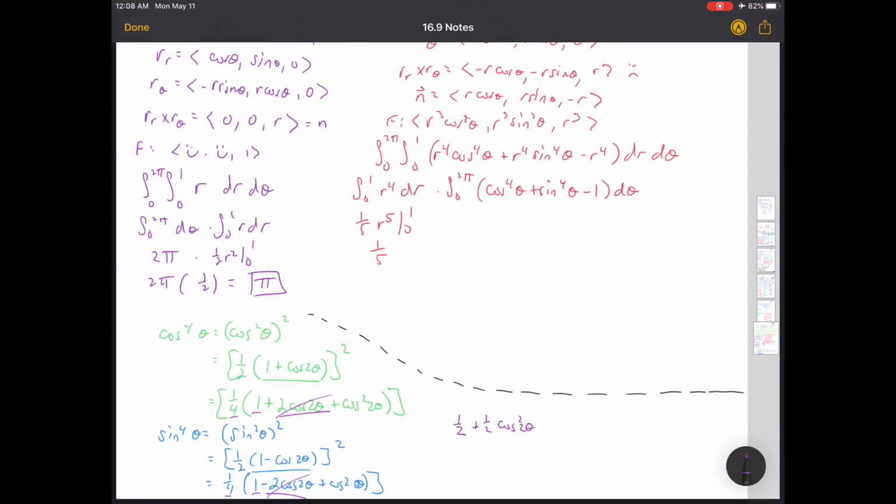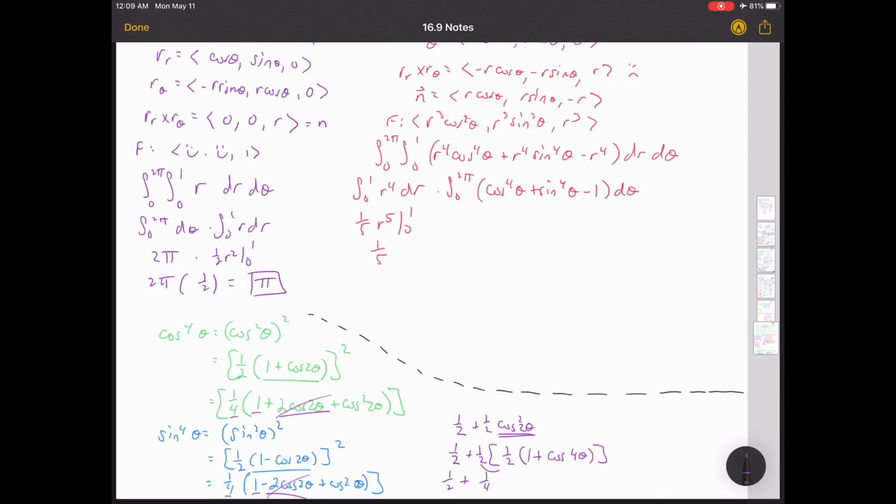I still have to break down the cosine squared once more. So really what I'm going to get there is I still got a half from this one. And then breaking down this cosine squared of 2 theta right here is going to be 1/2 of 1 plus cosine of double the angle, so it's 4 theta. So let's see here. Distributing everything, I'm going to get a half plus 1/4.